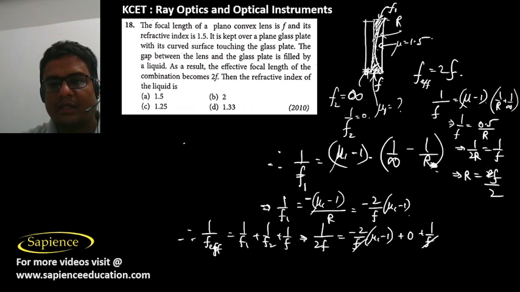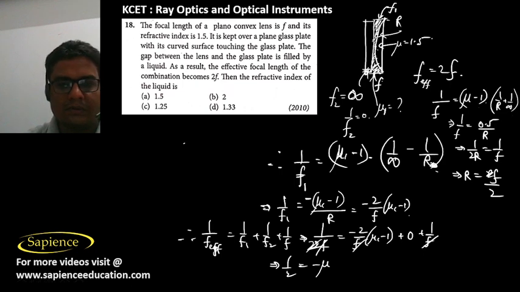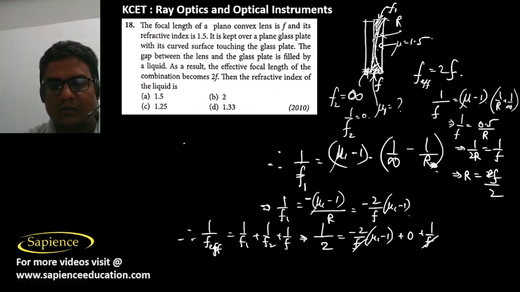So the f's I can cancel out. So this is 1 by 2, that is equal to minus 2 into mu1 minus 1 plus 1.